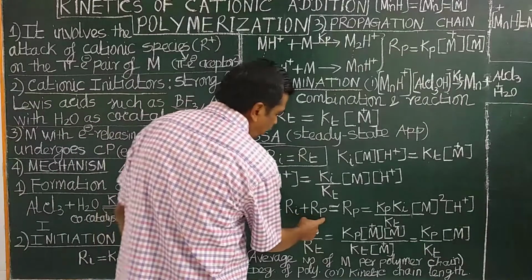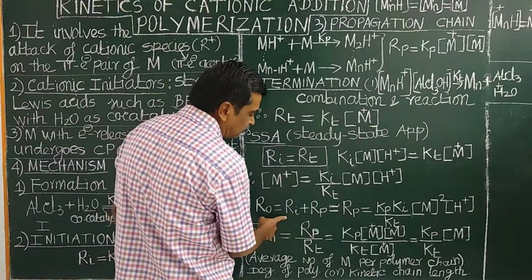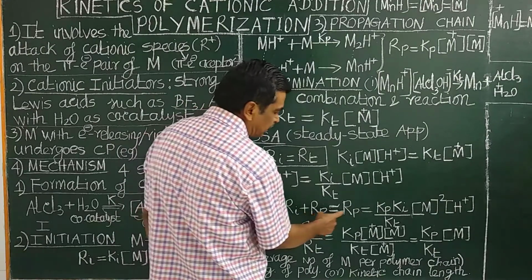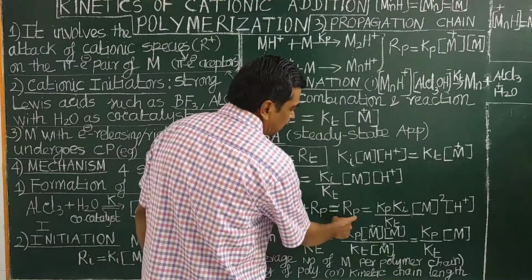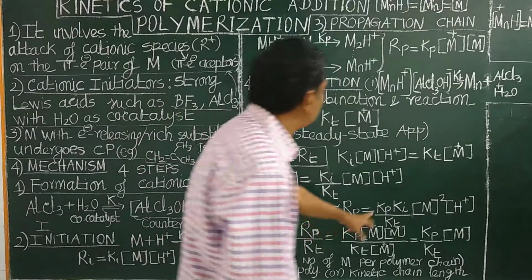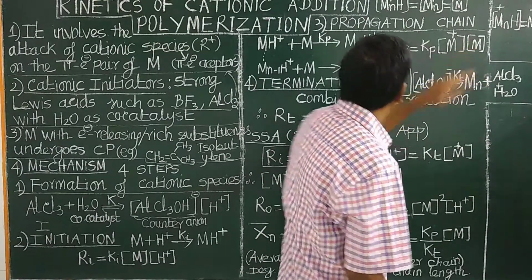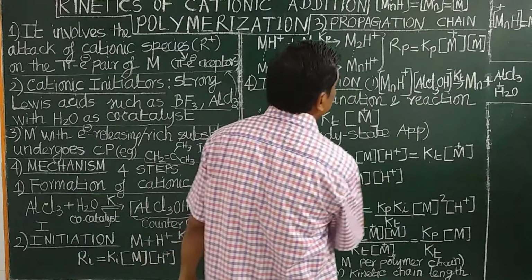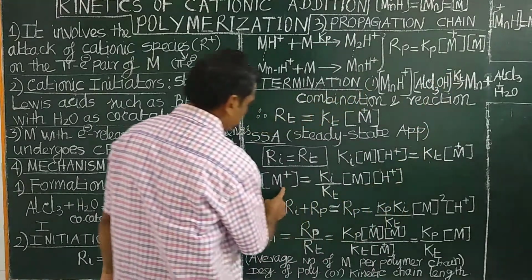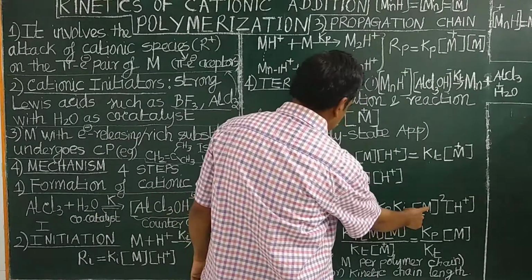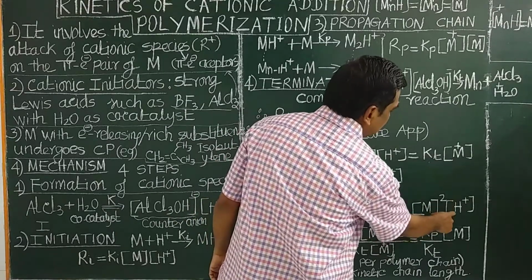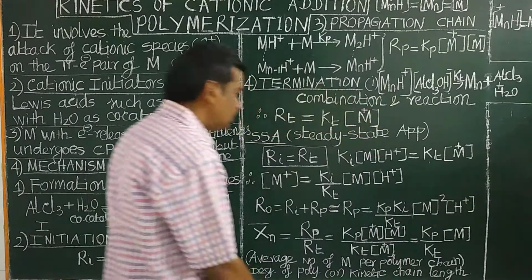Therefore, the rate of propagation is always very much greater than Ri, so the overall rate is approximately equal to the rate of propagation, Kp times M plus times M. You can substitute the concentration of M plus here. Therefore, you will get M squared and the concentration of H plus.